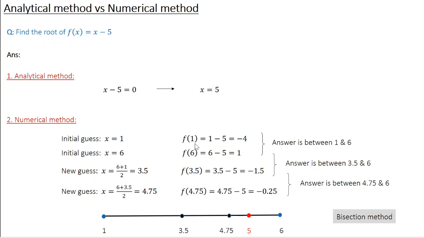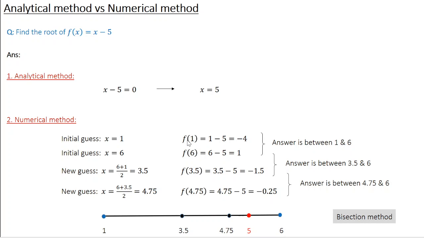So I go to another initial guess. I give some other value to x. Let me say x equal to 6. Now I'm going to check whether 6 is the actual root. So f of 6 equal to 6 minus 5, which is 1. So once again, this is not the actual root.